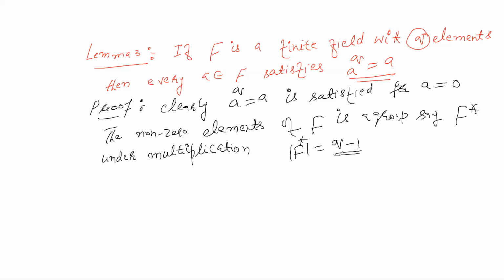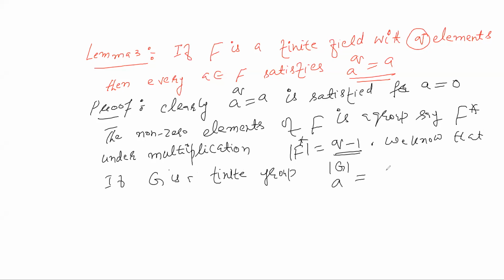And we know a well-known result from group theory: if G is a finite group, then a raised to power order of G is the identity of G, for all a in G.